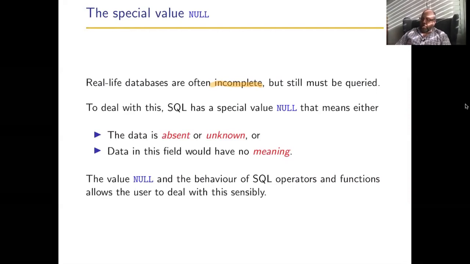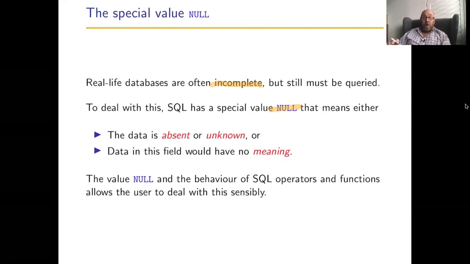So SQL accomplishes this by having a special value null, which can be the value stored in a field of any type, a column of any type. And you should think of null as meaning something like the data that should be in this field is absent or unknown, or sometimes the data in this field would have no meaning.